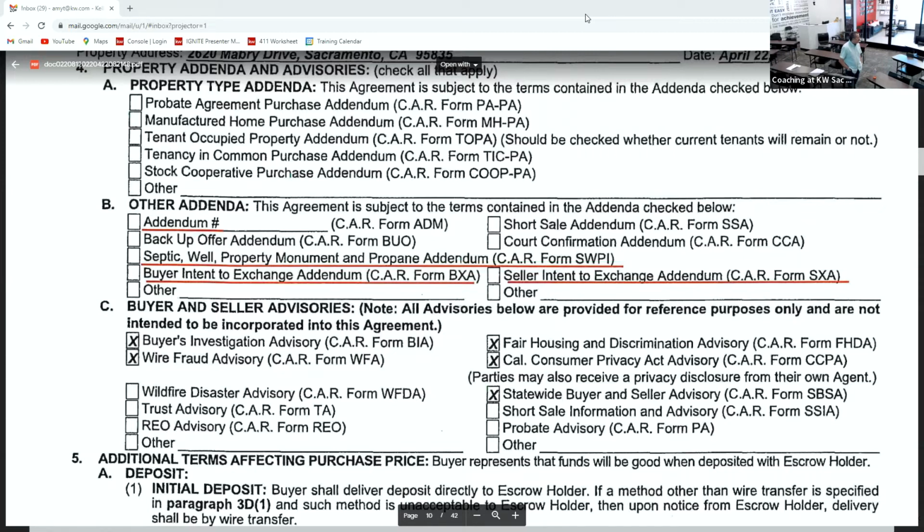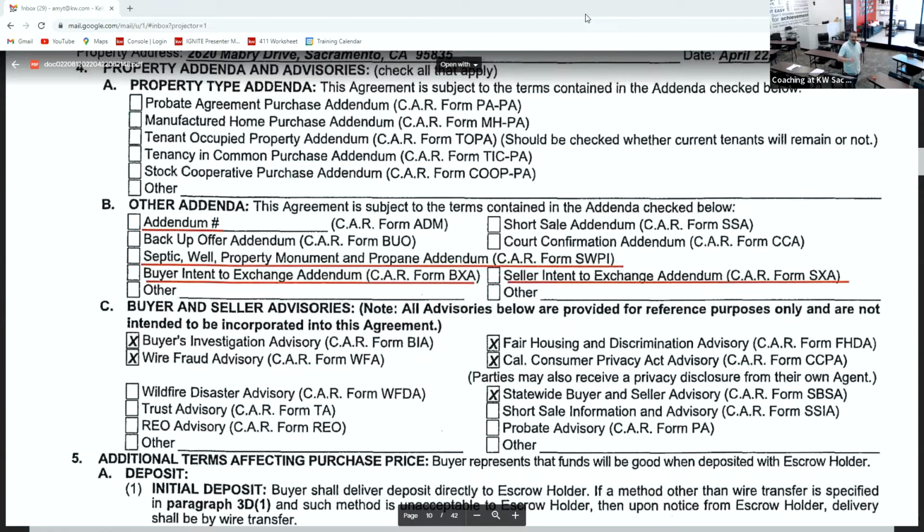So I was suggested by someone to put in a separate addendum that there would be a rent back for the seller of 28 days, and to not mention the rent back on the offer. Now, if I were to do an addendum to the offer, I would have to check that box right there, right? You would. And then the lender's going to ask for the addendum.